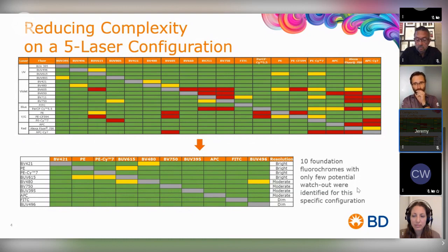But overall, we can use a tool like this to identify challenging fluorochrome combinations and focus on combinations of colors that have minimal impact with each other, like the one in the table below, where in this case, we were able to select 10 fluorochromes with very minimal spread and spillover, which simplifies the panel design and ensures high quality data. Next slide, please.